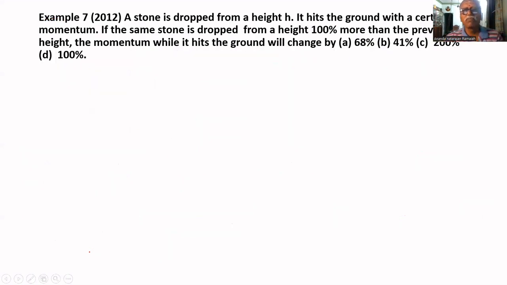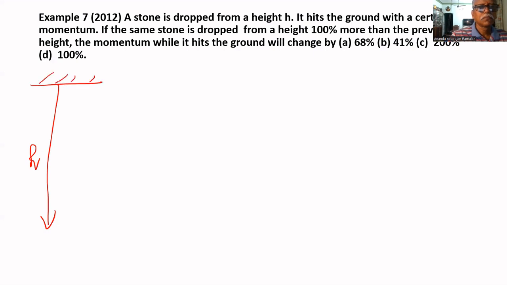A stone is dropped from a height h. Since it is dropped, u equals 0. It hits the ground with a certain momentum, p equals mv.